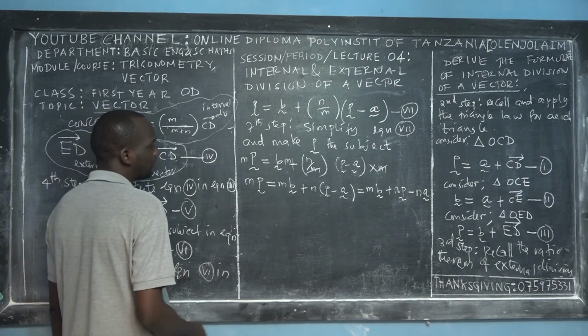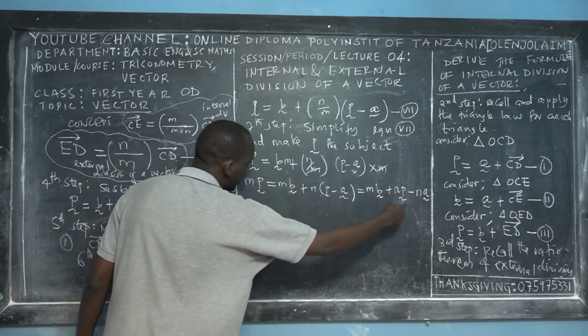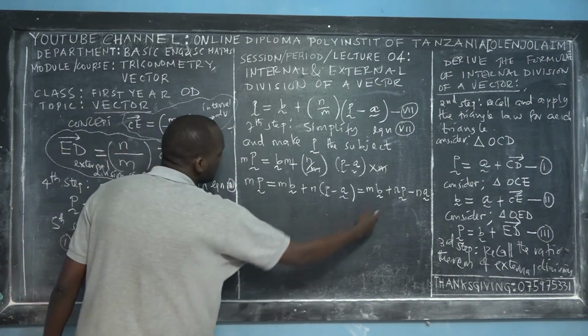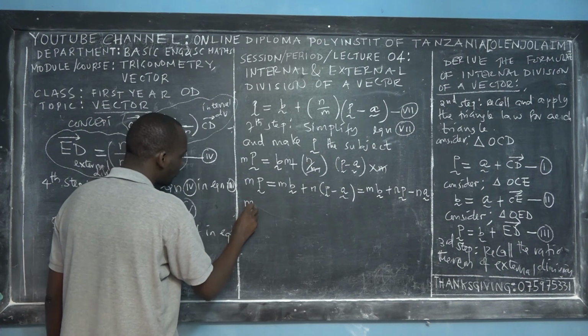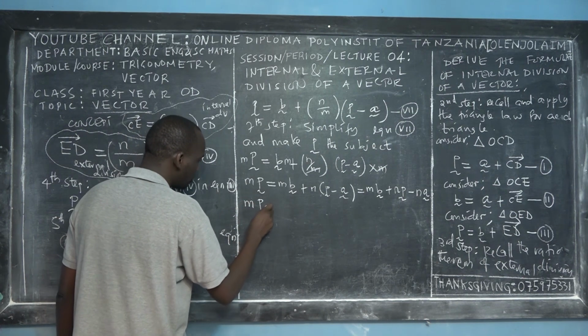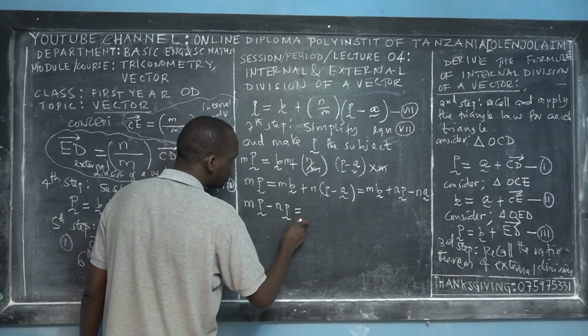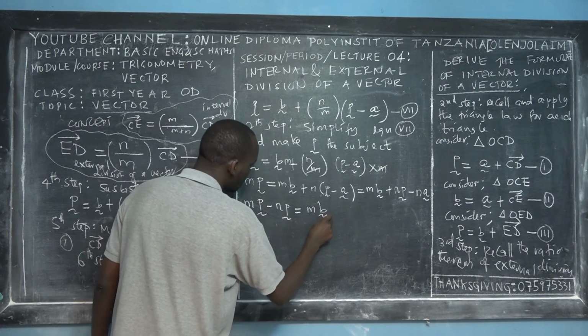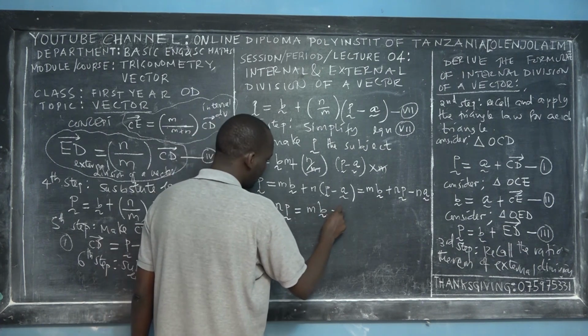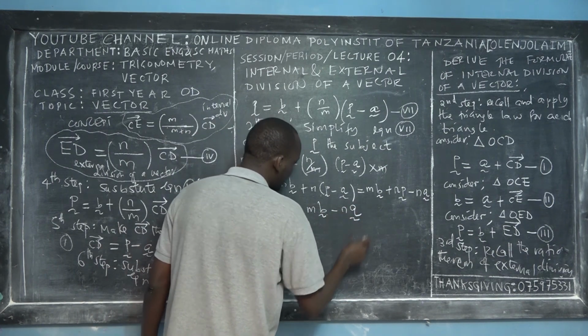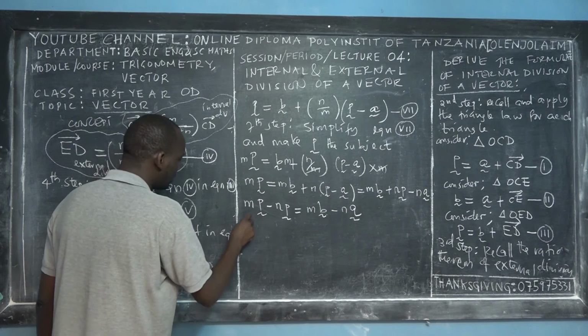So next we have to make P the subject. We have positional vector P, so we have to bring this on this side. So we have scalar quantity M, positional vector P, and then this is equal to M positional vector B minus N positional vector A. Then make this one the subject.